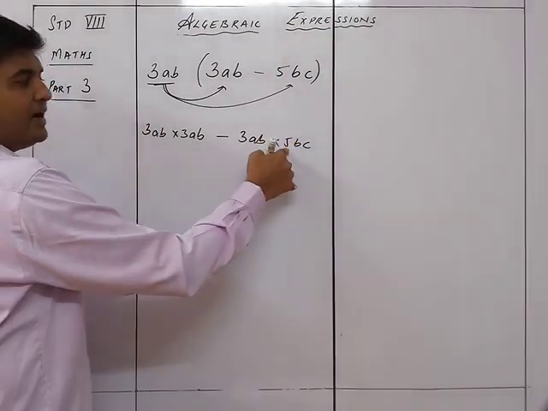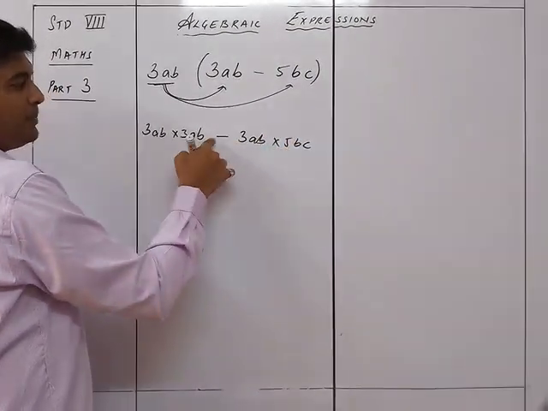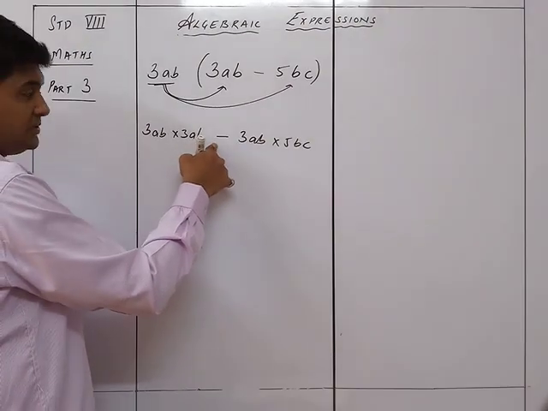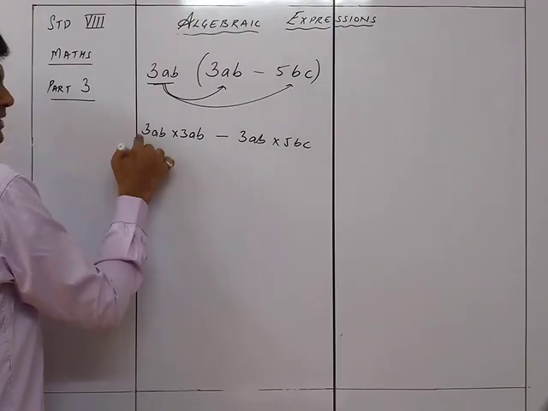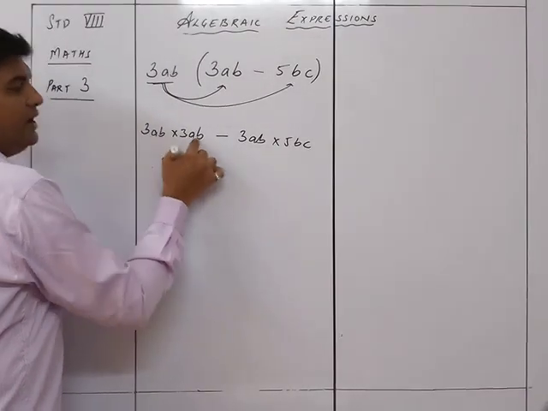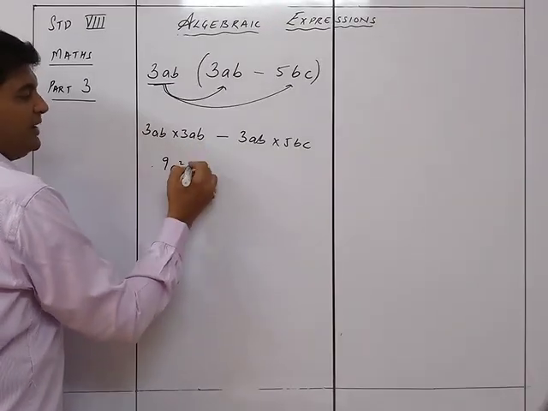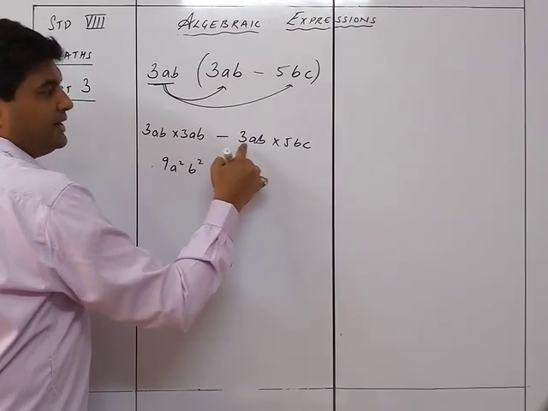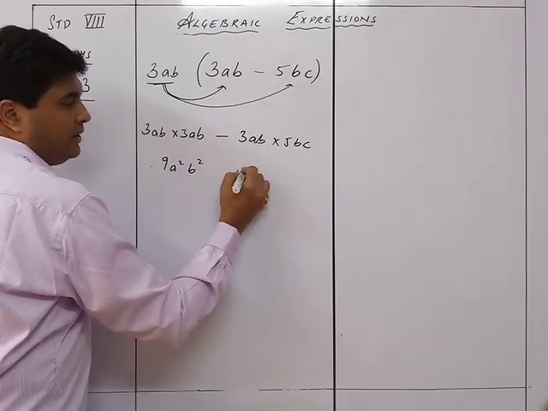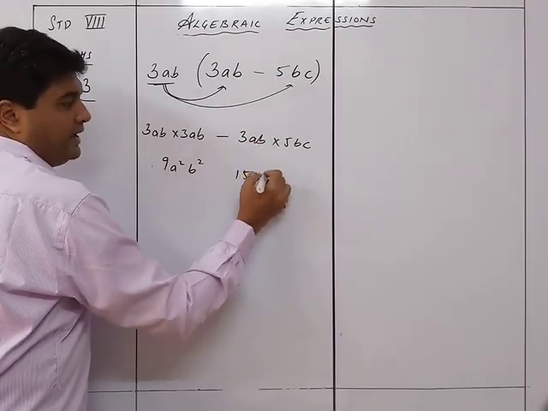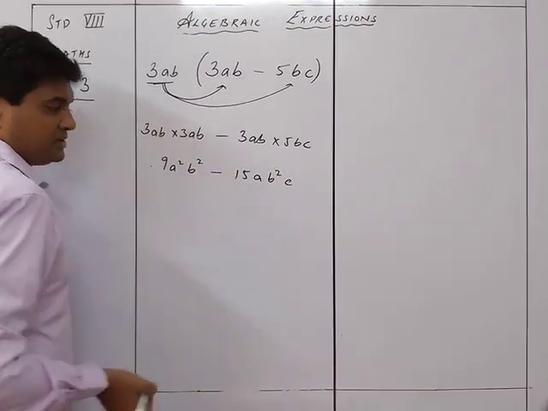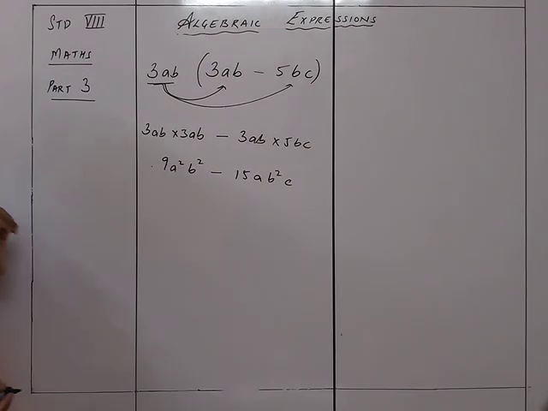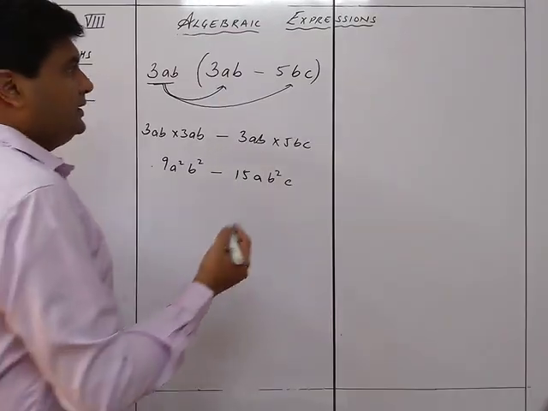I will take the minus outside here like this. Okay, this into this and this into this. So that will be 3 3s are 9, a into a is a square, b into b is b square. Here is 5 3s are 15, a is just a, b into b is b square, and c is as it is. Now the sign is minus, so minus. Got it?